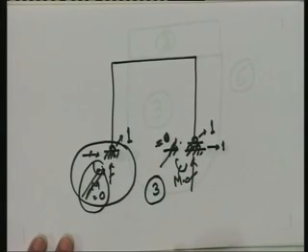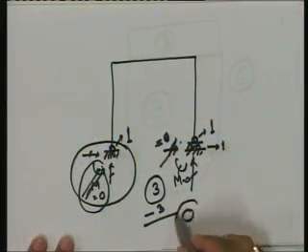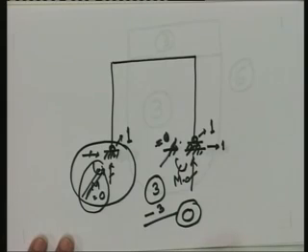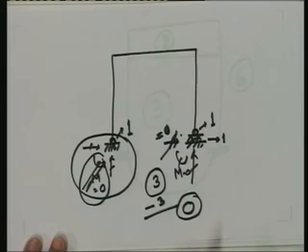What have I done? I have removed 3 unknown forces. When you remove 3 unknown forces, you essentially make it into a 0 degree of static indeterminacy. What is a 0 degree of static indeterminacy? A statically determinate structure.